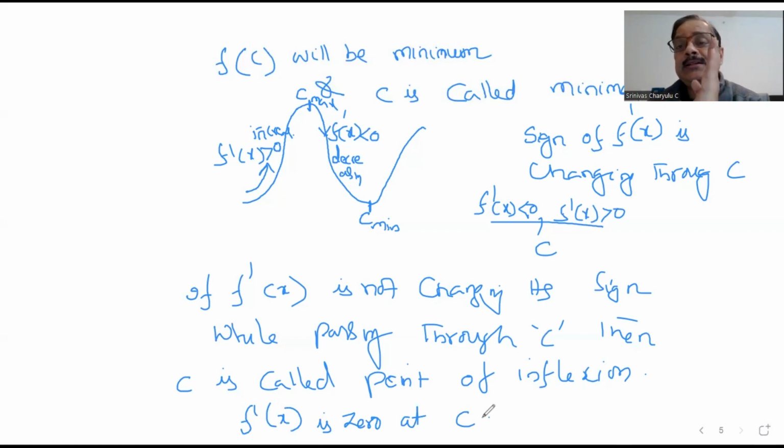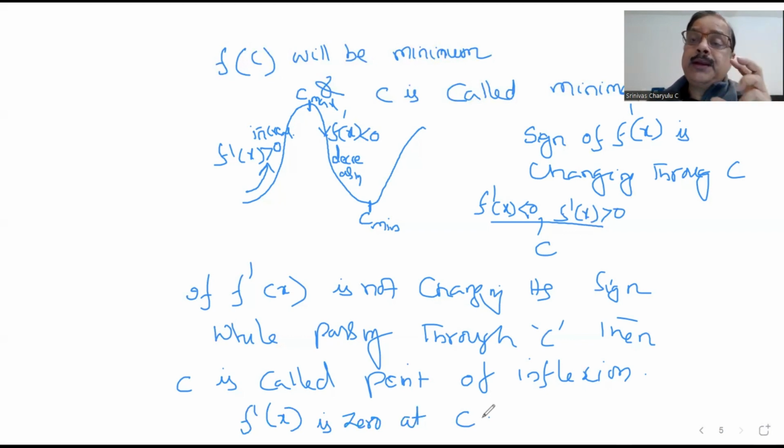At the point where it is reaching the peak, the differentiation is said to be 0. This point we should remember. So f dash x should be 0, f dash x less than 0, f dash x greater than 0. These three are the points which will determine whether we are touching the maxima or minimum.